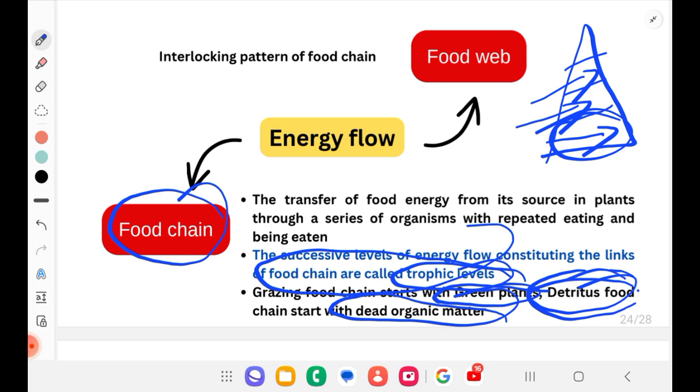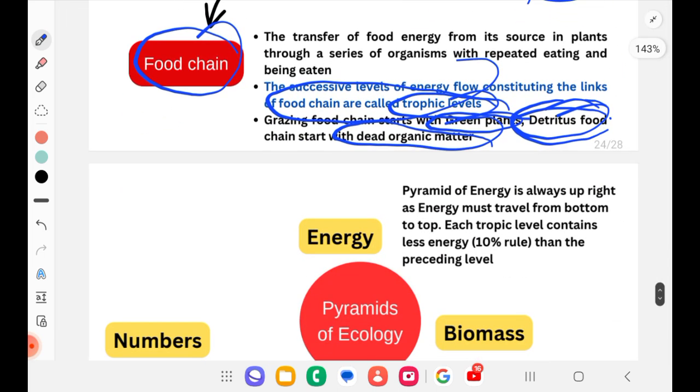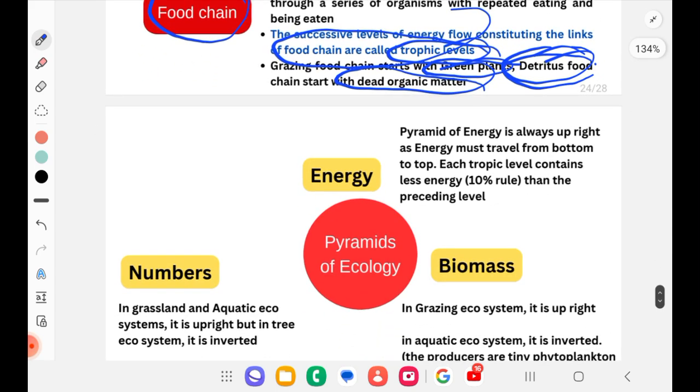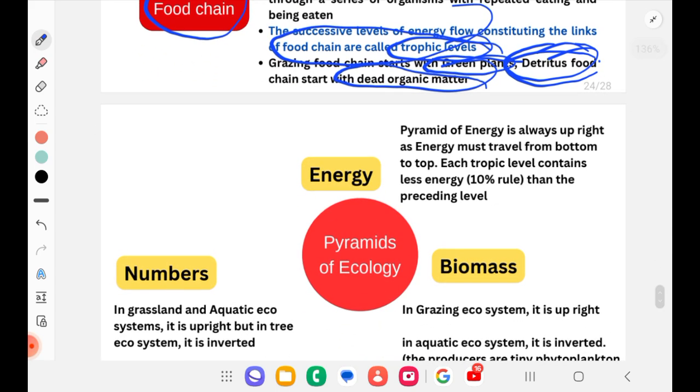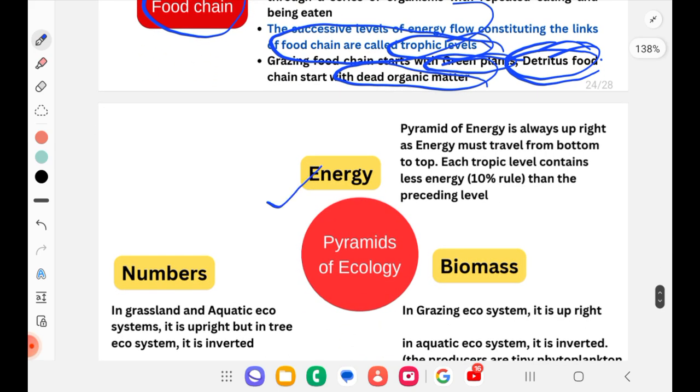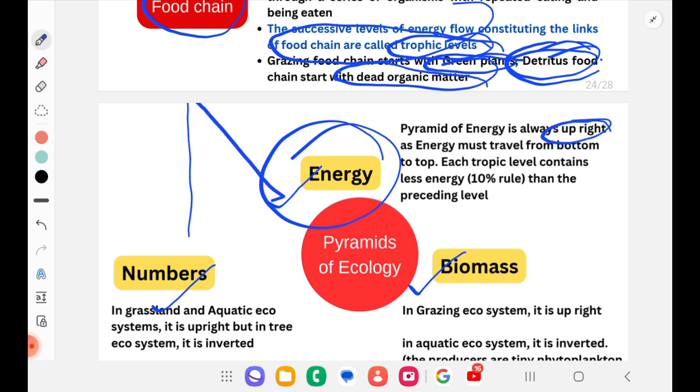Okay. Then we have pyramids of ecology. In that, three pyramids we are going to study. One is of number, second biomass, third is energy. So first, if you see pyramid of energy. Pyramid of energy is always upright. That means energy will have a 10% rule.